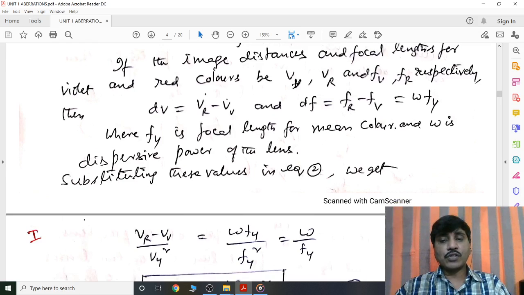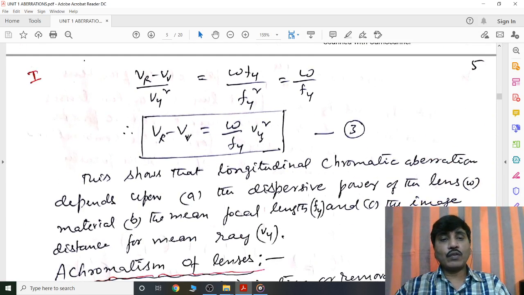Substituting these values in equation 2, we get (Vr minus Vv) by Vy square is equal to omega into fy by fy square is equal to omega by fy. Therefore, Vr minus Vv is equal to omega by fy into Vy square. That is equation 3. This equation gives the required expression for longitudinal chromatic aberration. This shows that the longitudinal chromatic aberration depends upon the dispersive power of the lens omega, the mean focal length fy and the image distance for mean rays Vy.